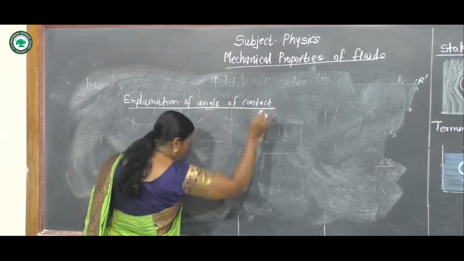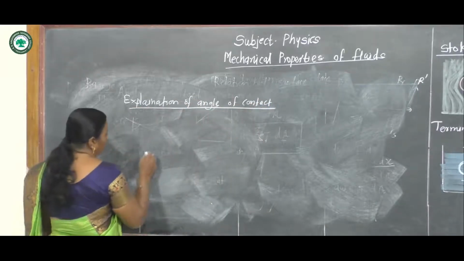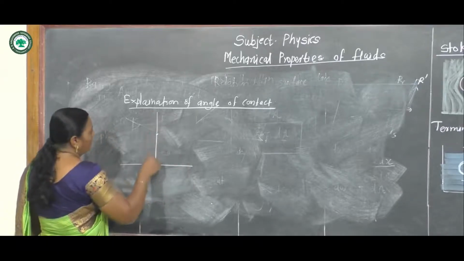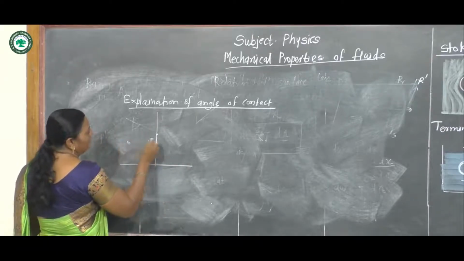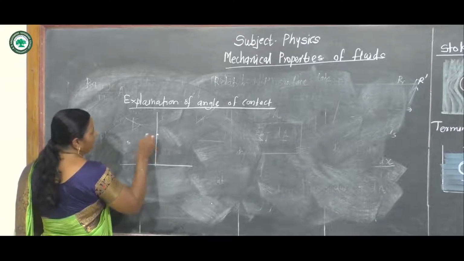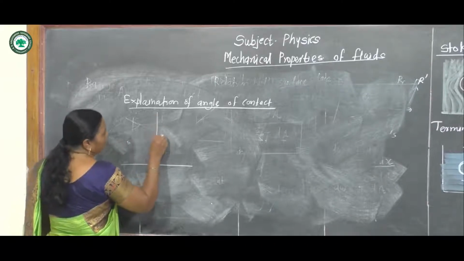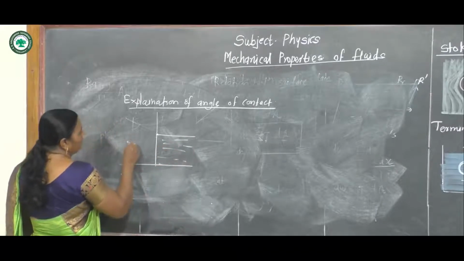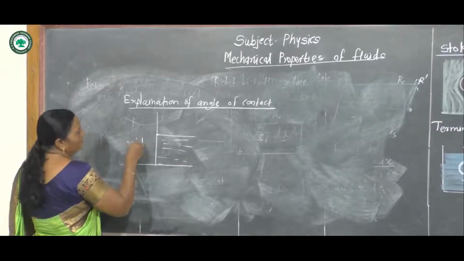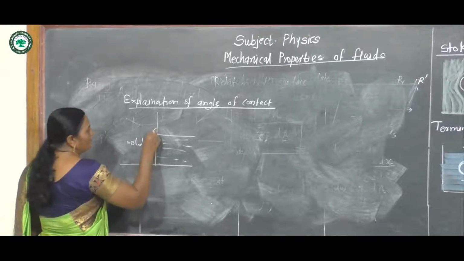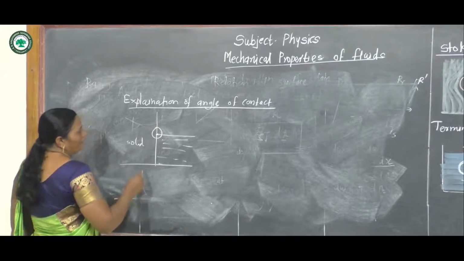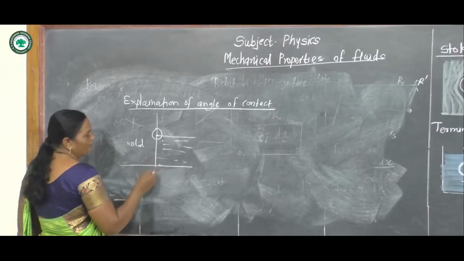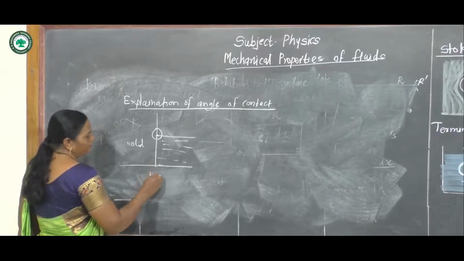Why is the angle obtuse? Suppose this is the solid surface, and this is the liquid surface in contact with the solid. Suppose this is molecule A. In the first case, we consider impure water or kerosene.